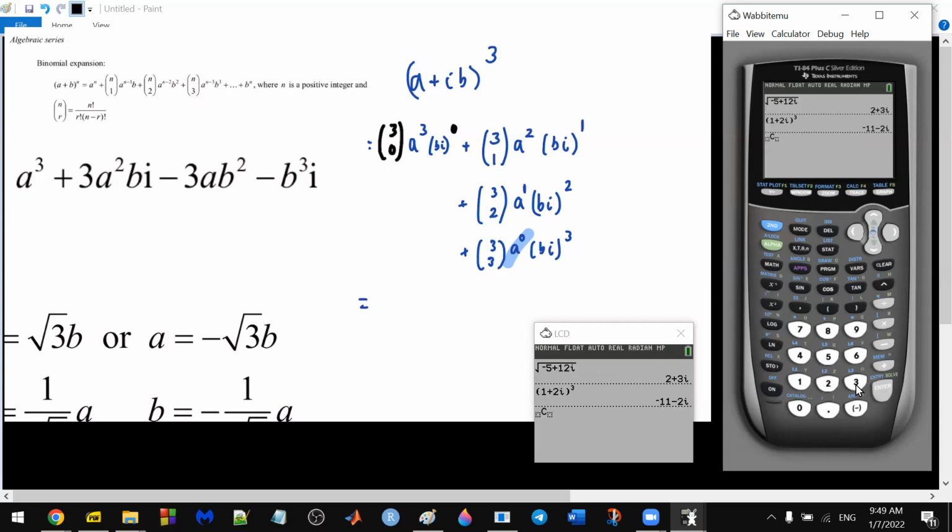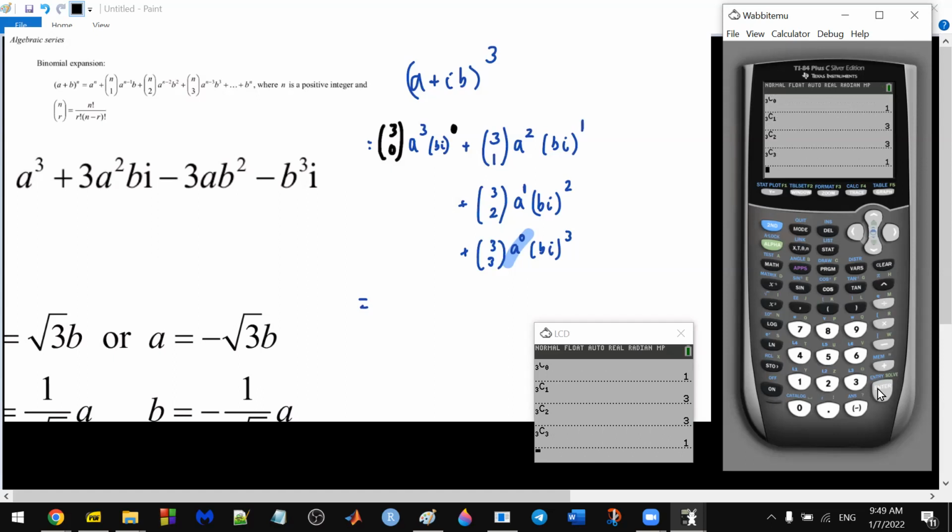Then type in 3 and then right arrow until the correct position, then 0. You get 1. Then you repeat. 3 choose 1, you get 3. Repeat. 3 choose 2, you get 3. 3 choose 3, you get 1. Exactly.